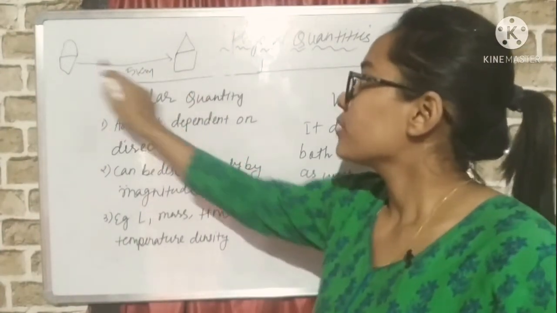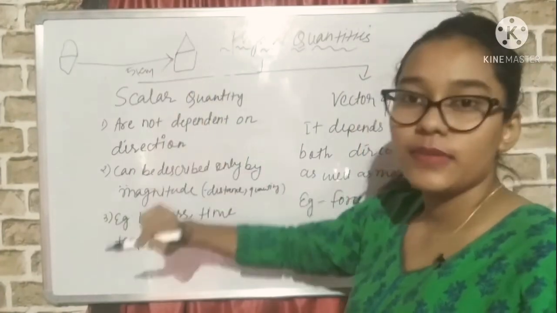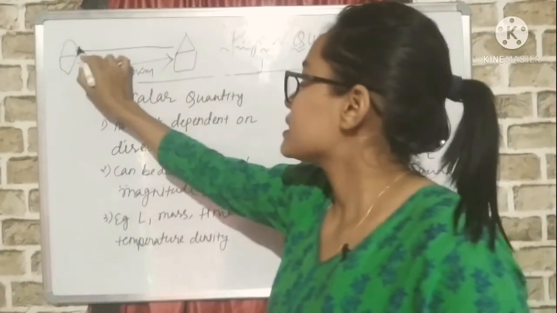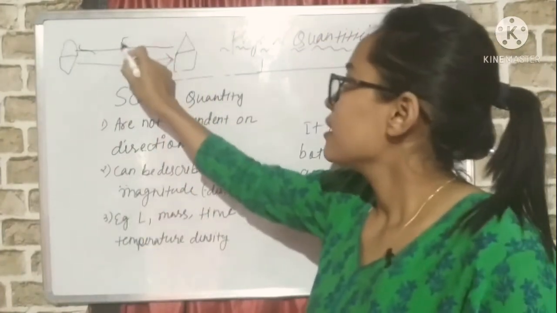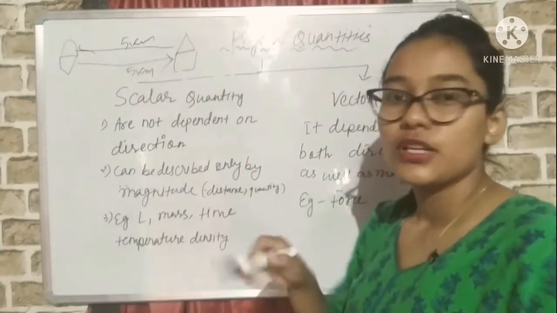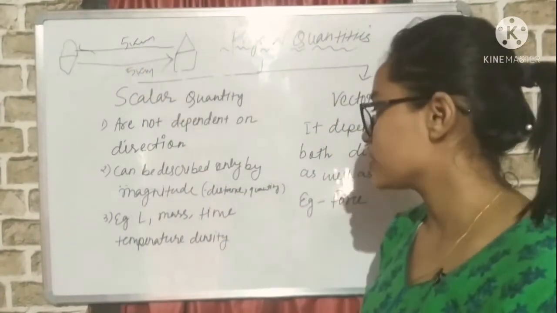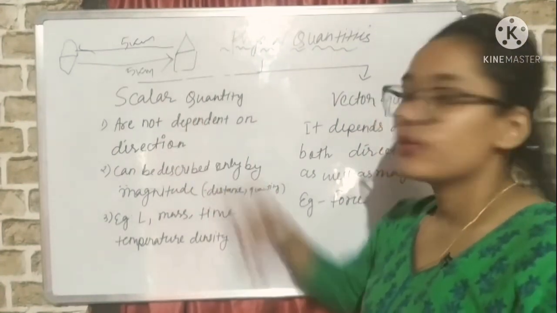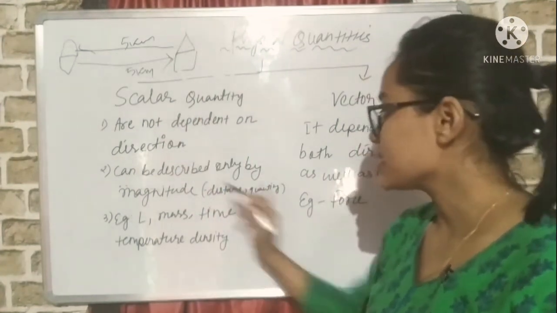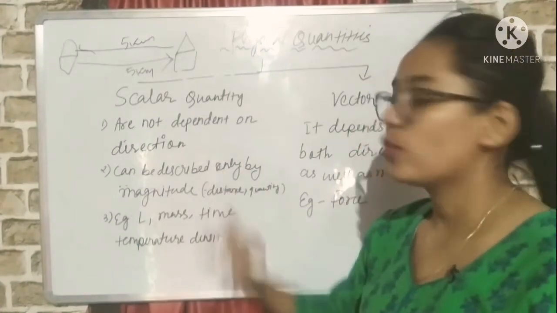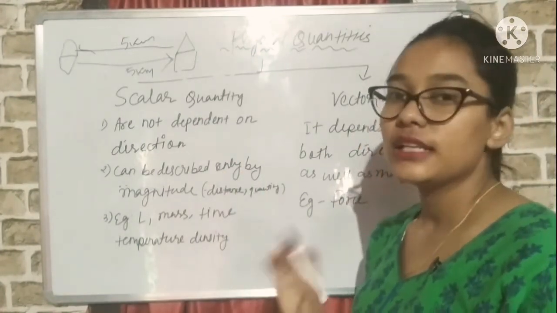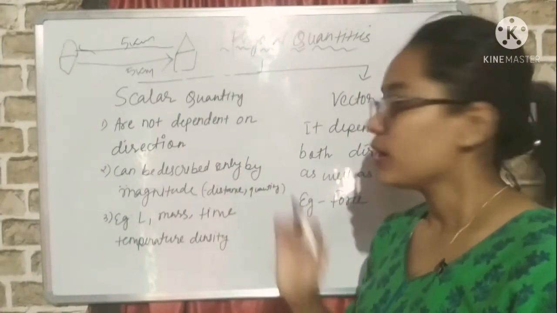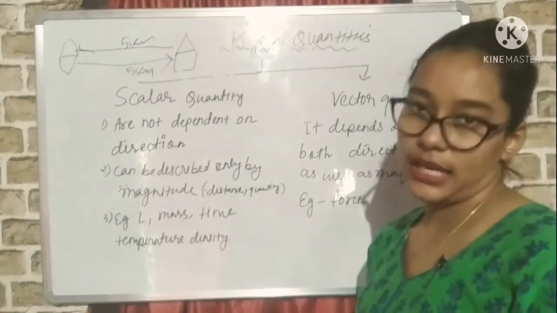If I come from this direction, the length will be the same, and if I go from that direction, the length will be the same, that is 5 kilometer, right? So it does not depend on direction. Now mass, so mass is also a scalar quantity. So these are some examples of scalar quantity. In scalar quantity direction doesn't matter. What matters is only magnitude.